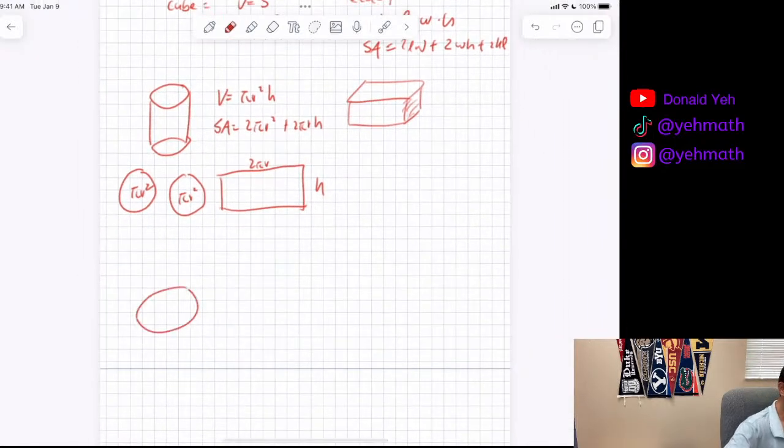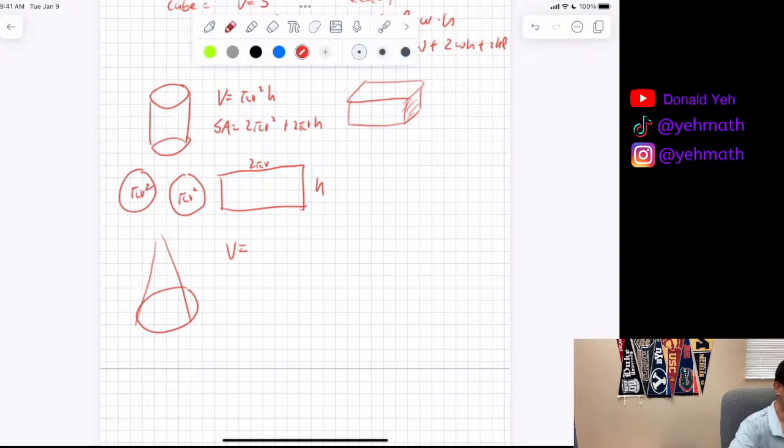A cone. What is the volume of a cone? It's 1/3 pi r squared h. Why is it 1/3? I'll show you. Visually it makes sense. If you have the same cone within the cylinder, right? Did you see 1/3 here?